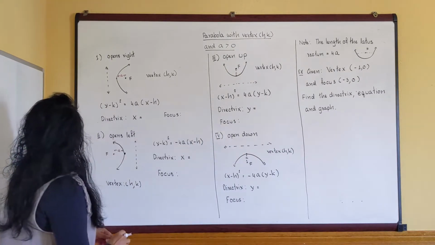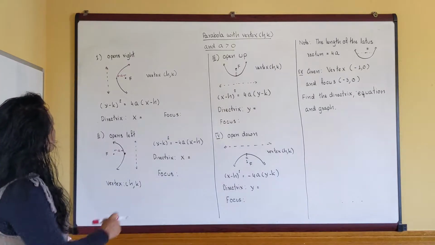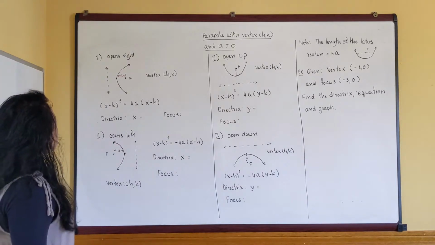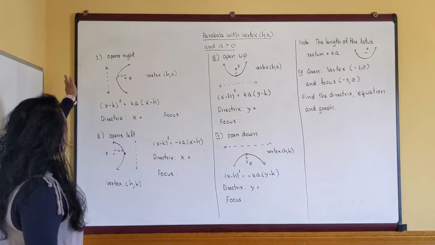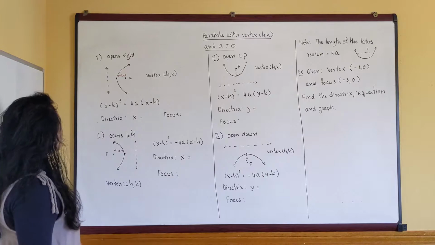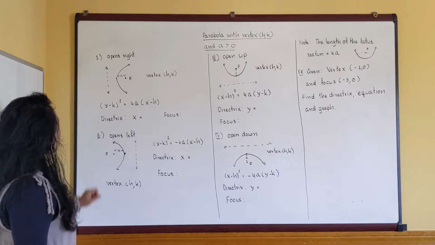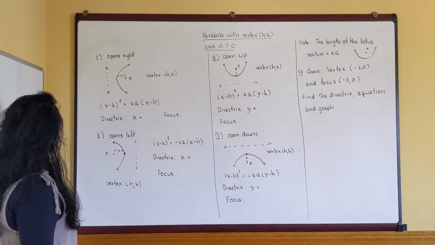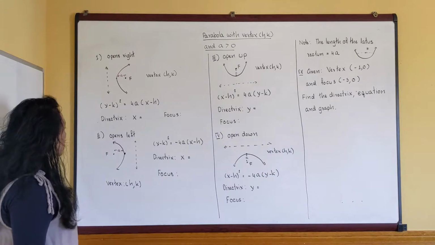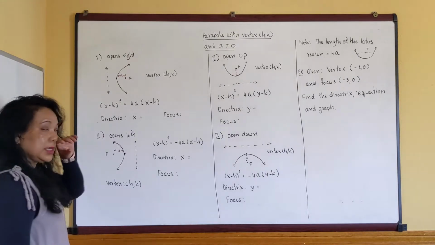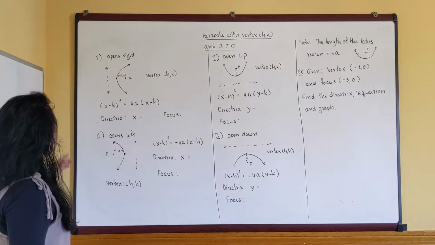The first one here is open to the right, and the vertex is (h, k). So the directrix is the vertical line to the left. And the formula is going to be (y minus k) squared equals 4 times A times (x minus h).